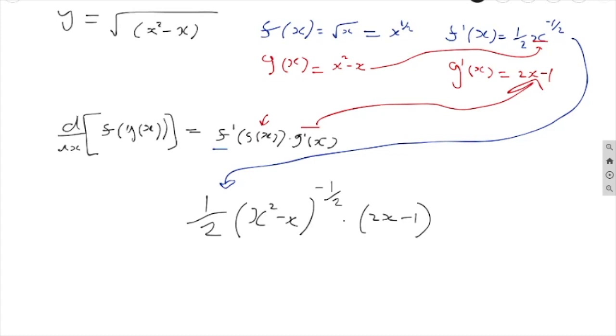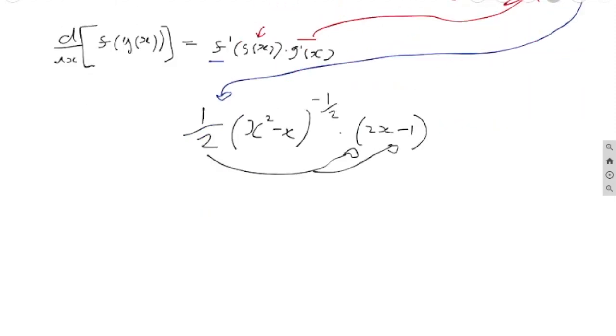Now we can simplify this a little bit. We can start by saying, okay, 1/2 times 2x gives us x, and 1/2 times minus 1 gives us minus 1/2. So our coefficient for the whole expression is going to be x minus 1/2. And then our index is going to be x squared minus x to the power of minus 1/2.